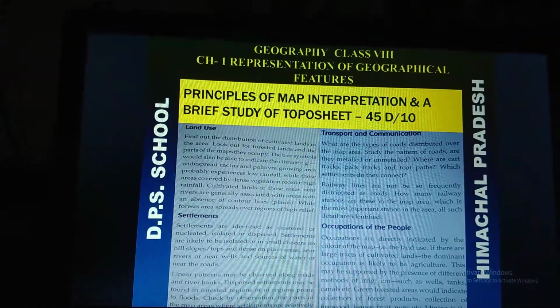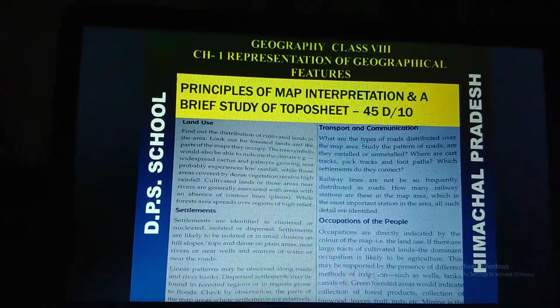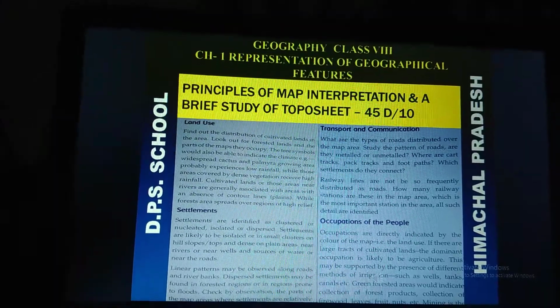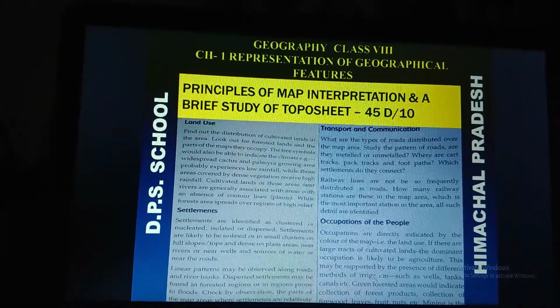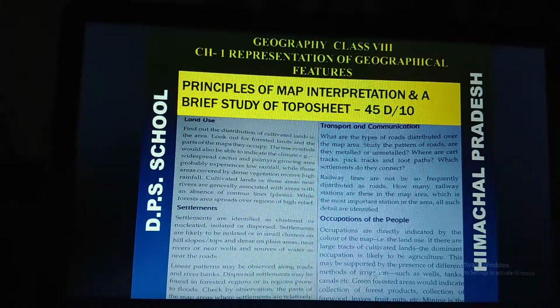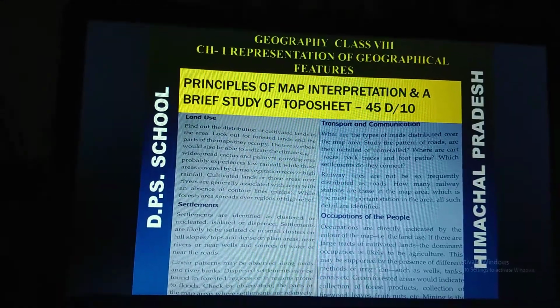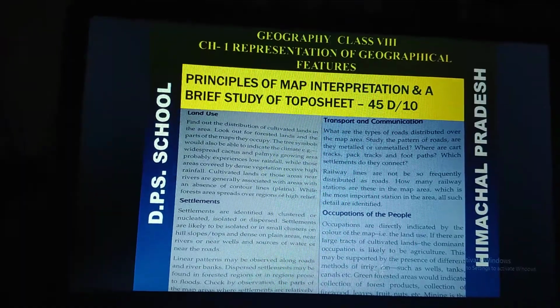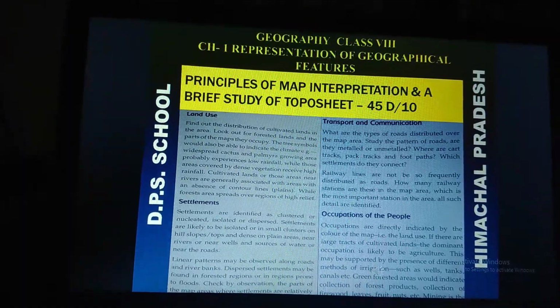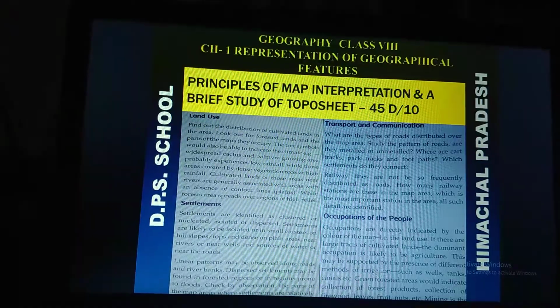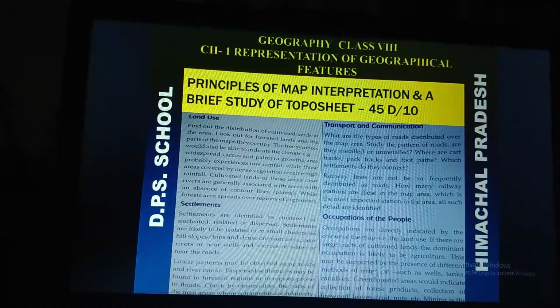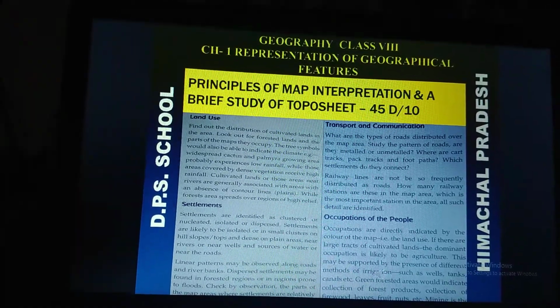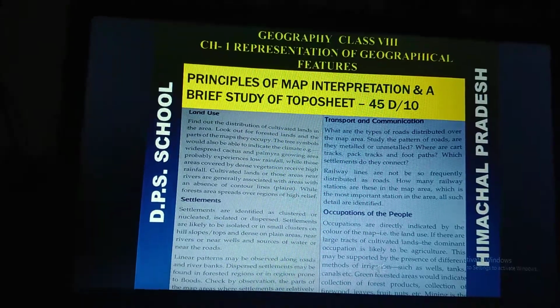Settlements are likely to be alone, isolated, or in small clusters on the hilltops or on the hill slopes, and they are very dense on the plain areas near the rivers or near the wells. And also we can see settlements have a very good source of water or are near the roads.